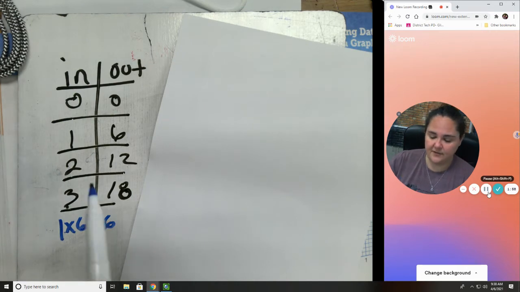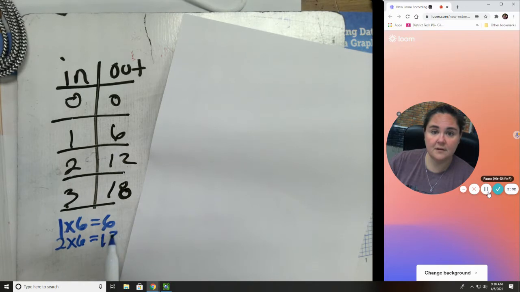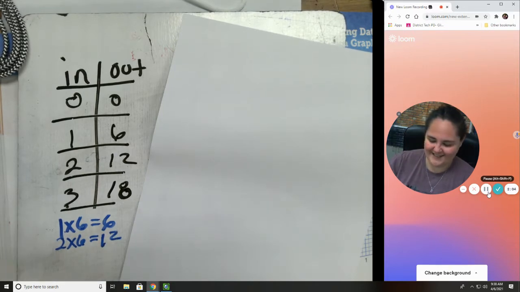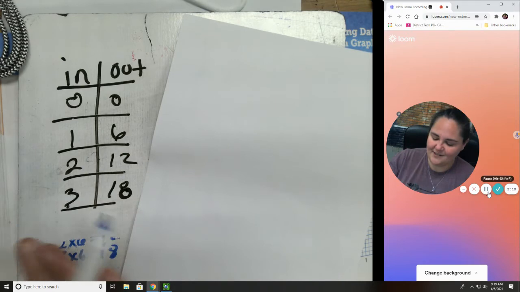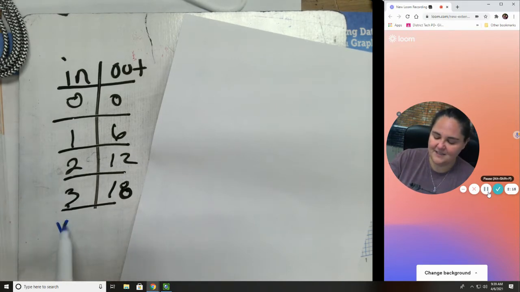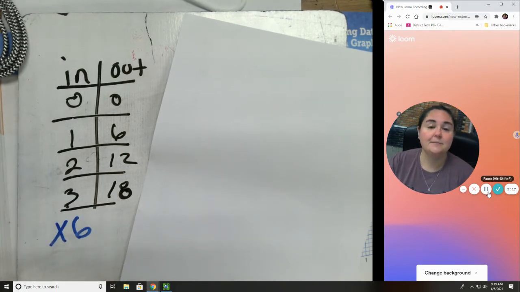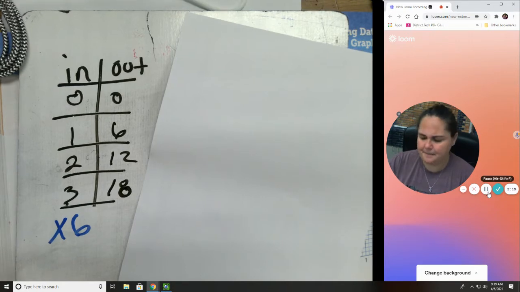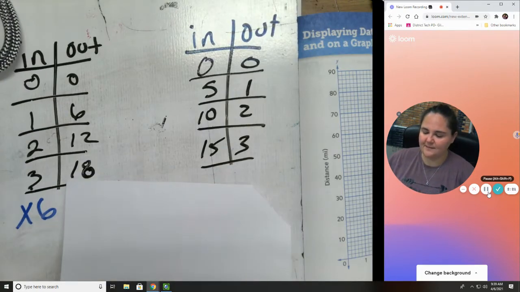Does it work for the rest of them? 2 times 6, does that equal 12? Yes. Let's check again. 3 times 6, does that equal 18? Yeah. So that is my rule for this set of boxes: multiply by 6.